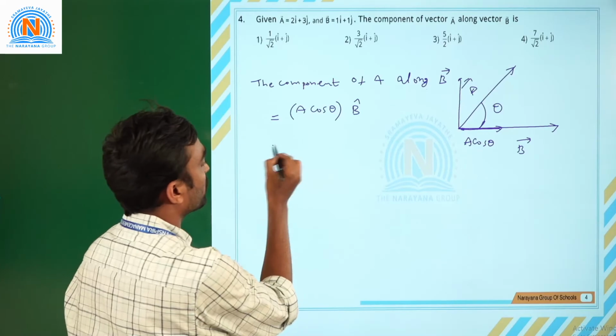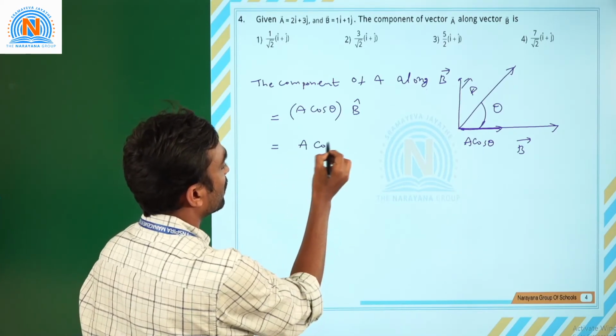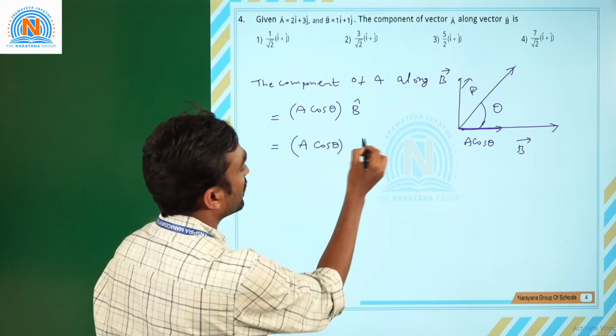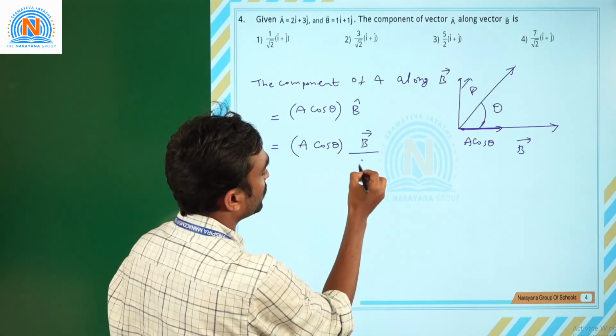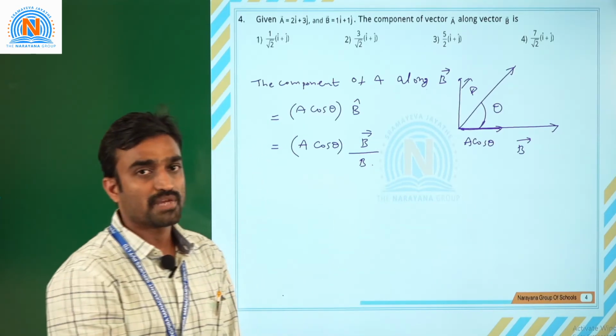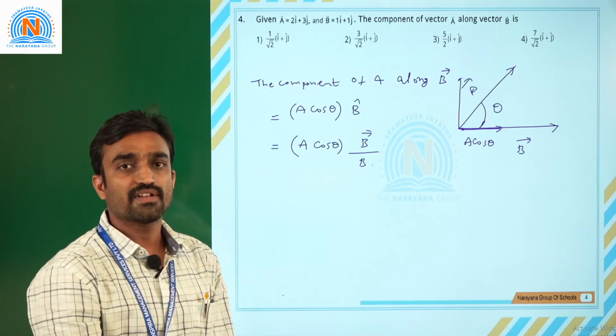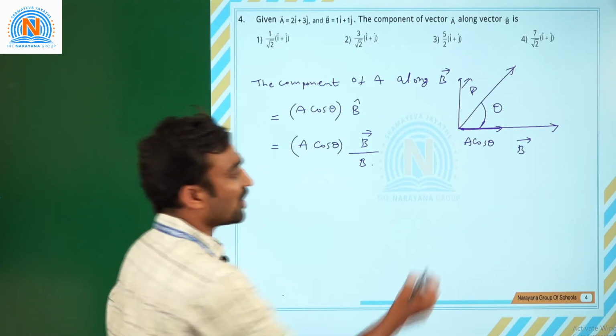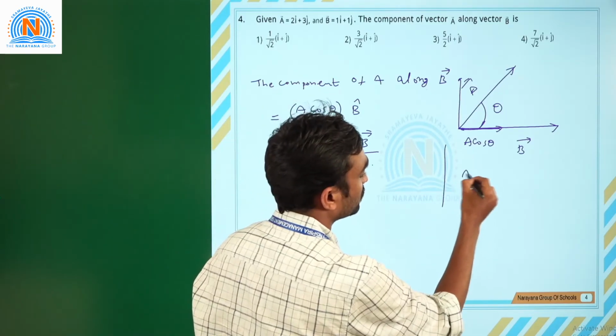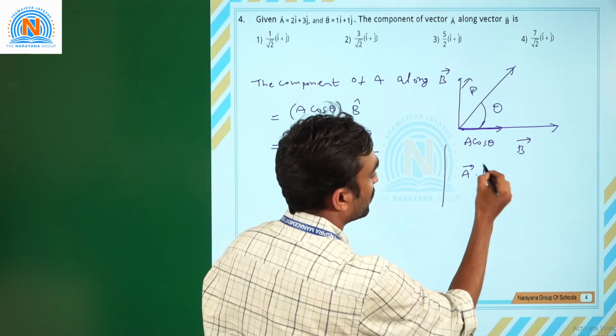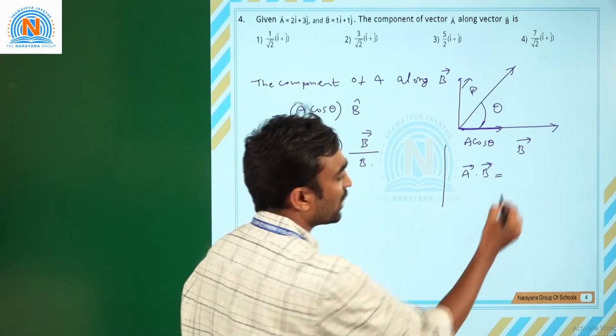Now what is b cap? Unit vector along b can be written as the vector divided by its magnitude. But how to write this a cos theta? We can find a cos theta by using the scalar product. a bar dot b bar equals ab cos theta.